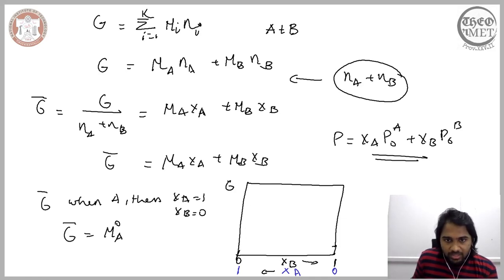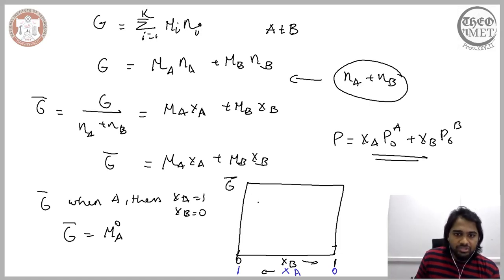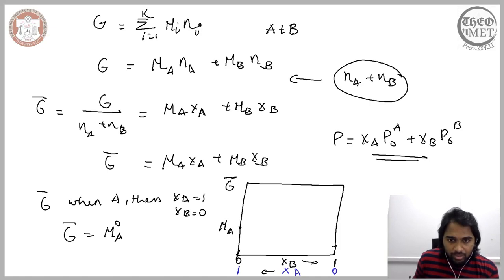In the y-axis we are plotting G bar, so it indicates the left extreme in the graphical representation, with a specific value indicated by mu A naught.